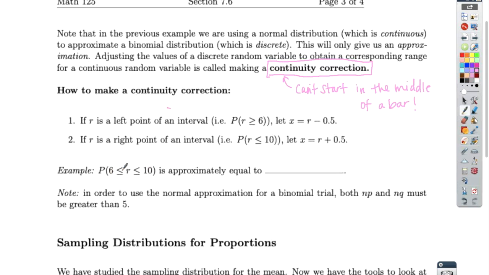Now notice, one of the most important things on here is this "or equal to" and this "or equal to". So this would mean I want to include the 6 bar, the 7 bar, the 8 bar, the 9 bar, and the 10 bar. And when I'm saying bars, I mean on a bar graph.